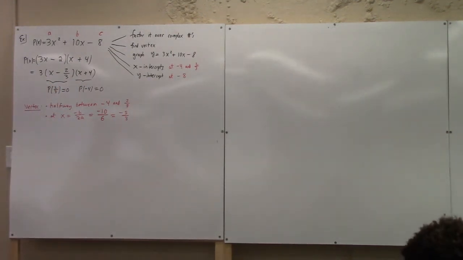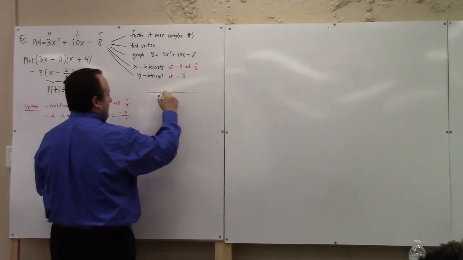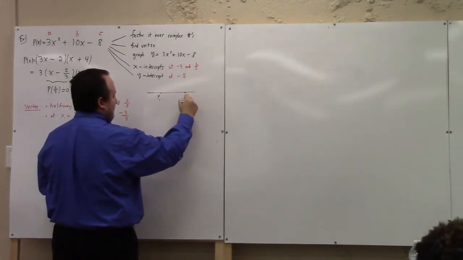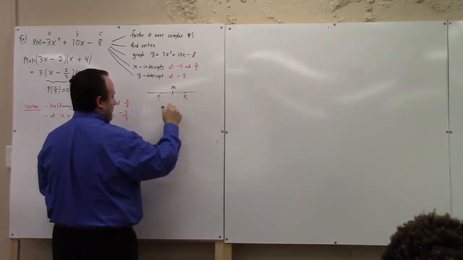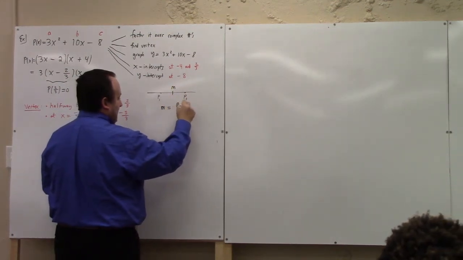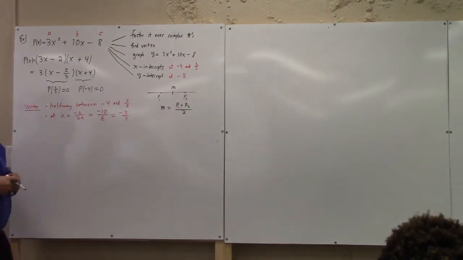Does that match? How would you find the midpoint of 2 points anyway, by the way? If I've got 2 points on a number line, how do I find the point halfway between them? What's the formula for the midpoint? You add them together, divide by 2. Simple as that.